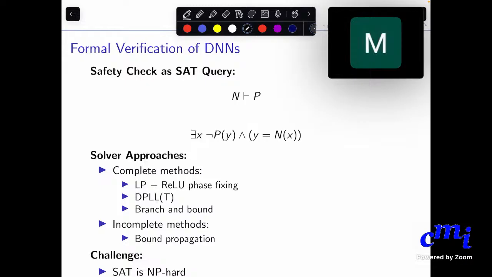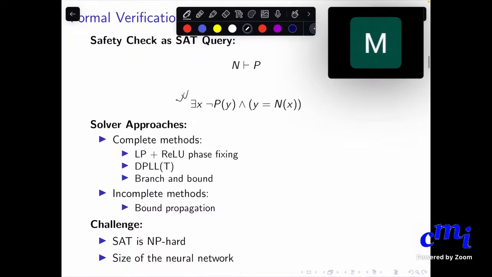We will feed this SAT query to the SAT solver with the negation of P of y, where y is the output of the neural network N given an input x. If this is satisfiable, then there exists an input within the input range that violates P, so we can say N does not entail P.